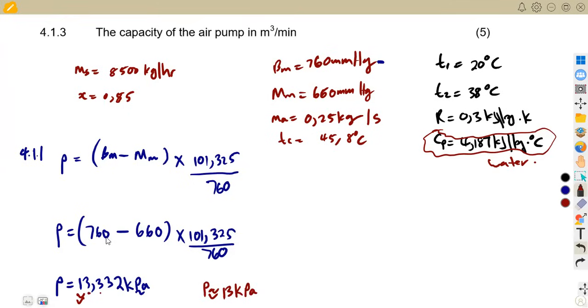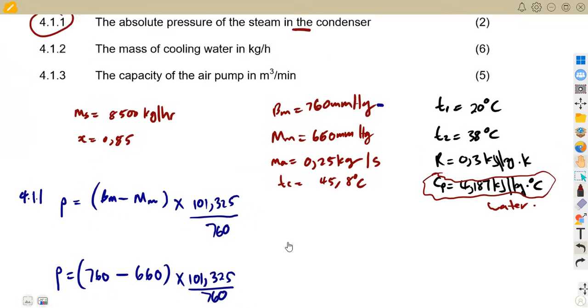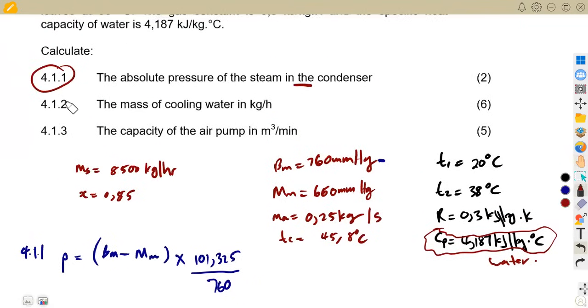That is if we are to use it for any part that needs the steam table. But if we are to use this pressure for any other calculations where the steam table is not involved, we're just going to use this pressure as it is, to 3 decimal places. So that was our absolute pressure, 2 marks for that.